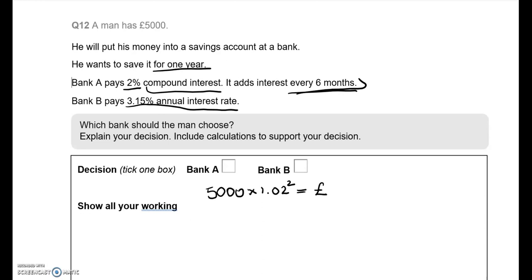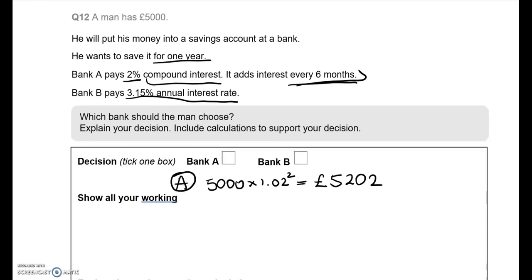And that gives £5,202. Now that was Bank A.